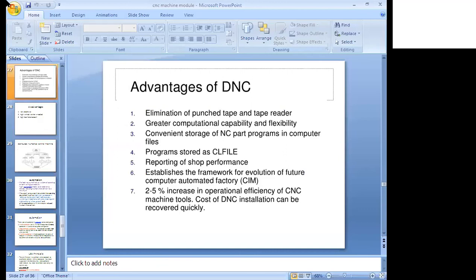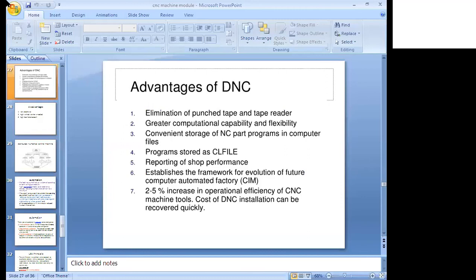And the seventh point is very important: 2 to 5% increase in operational efficiency. I mentioned in the previous slide more than the 3 components. Here they clearly mention a 2 to 5% increase in operational efficiency of CNC machine tools. He is just comparing with CNC, but compared to other machines it is more than that.